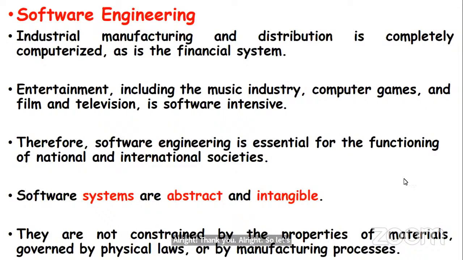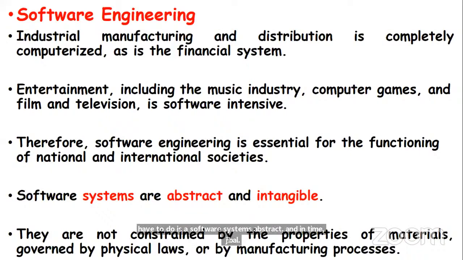So, as a form of introduction, we know that everything around us is computerized, and this computerization is driven by software, the entertainment industry, and everything. So, software engineering is essential. One thing you have to know is that software systems are abstract and intangible.